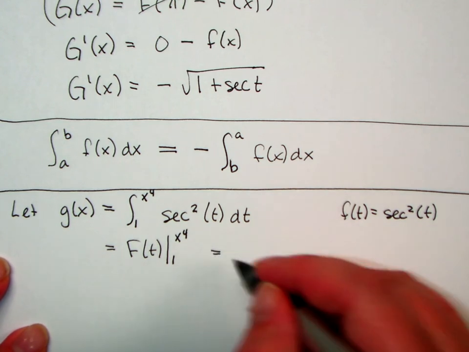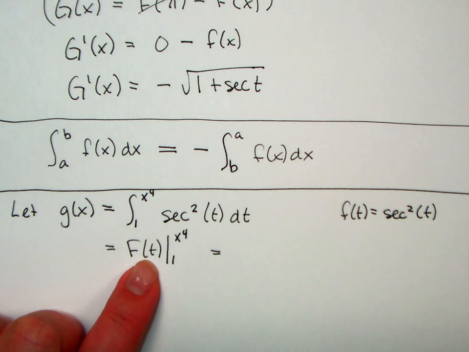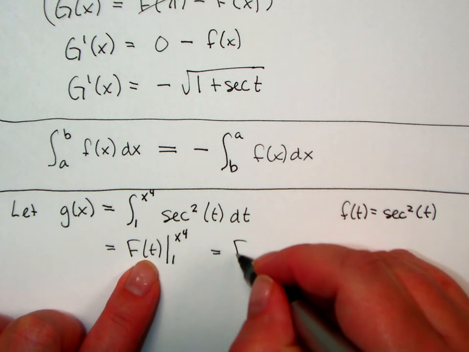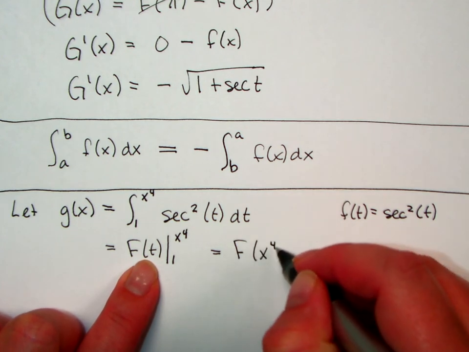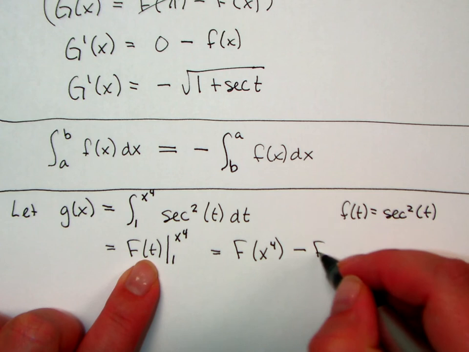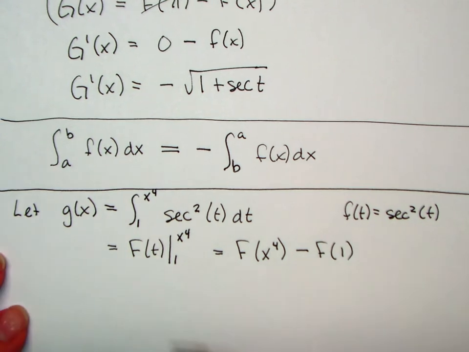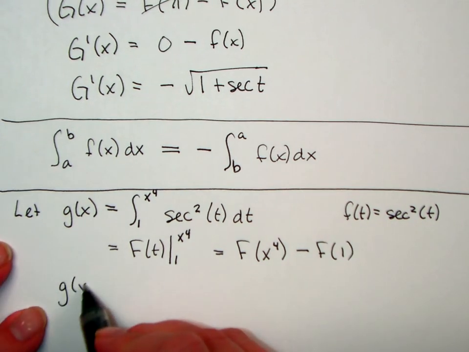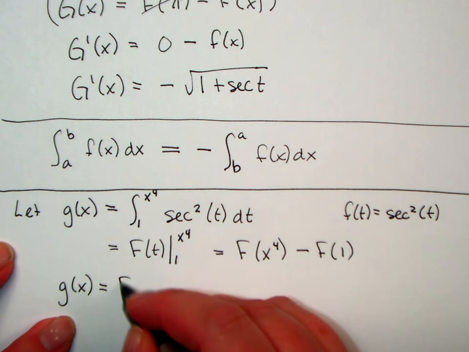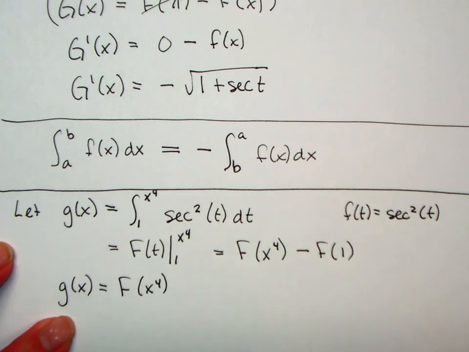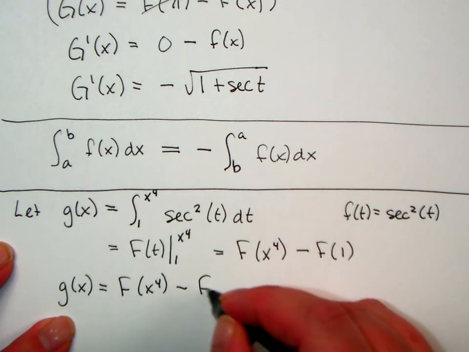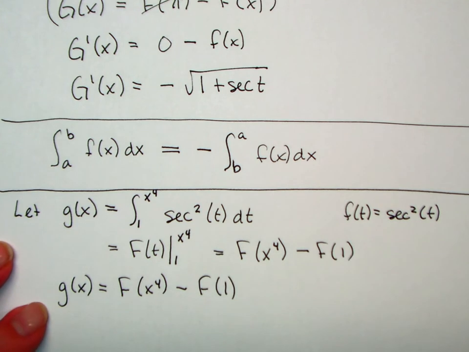So if I plug x to the 4th in there, we're going to get the antiderivative evaluated at x to the 4th minus the antiderivative evaluated at 1, right? So that's what g of x equals. Okay, capital F of x to the 4th minus capital F of 1.